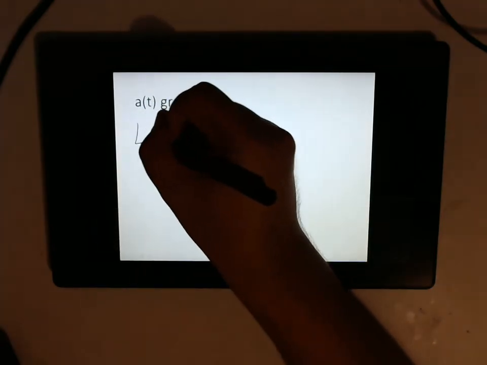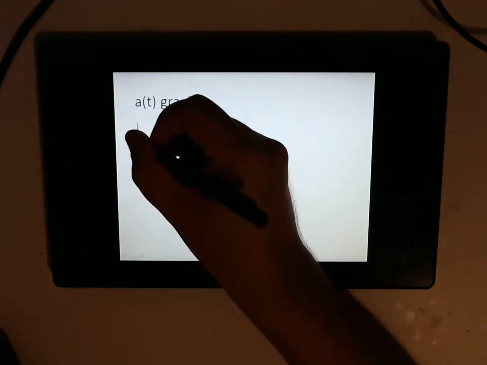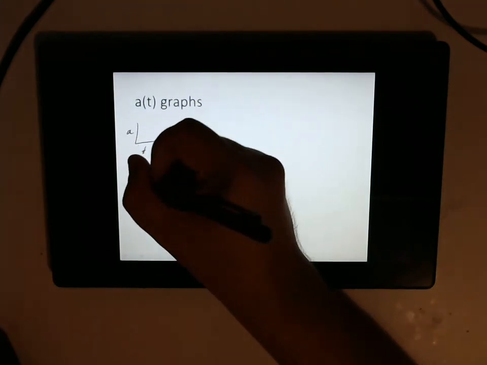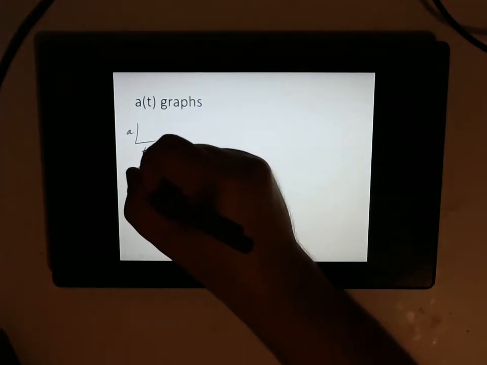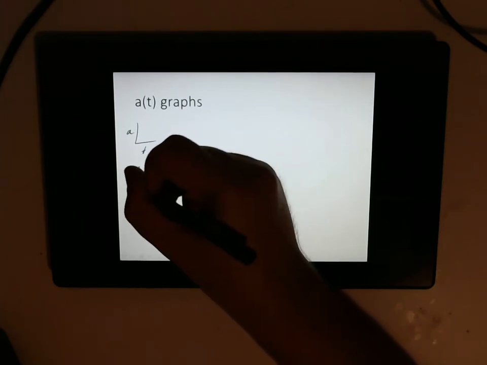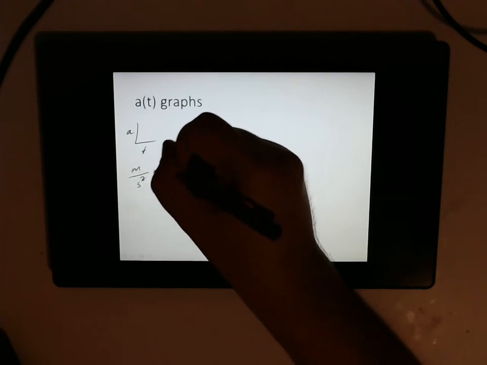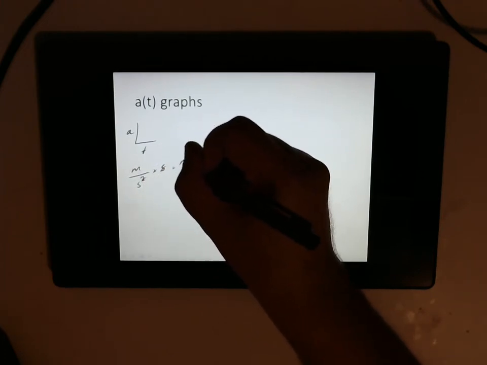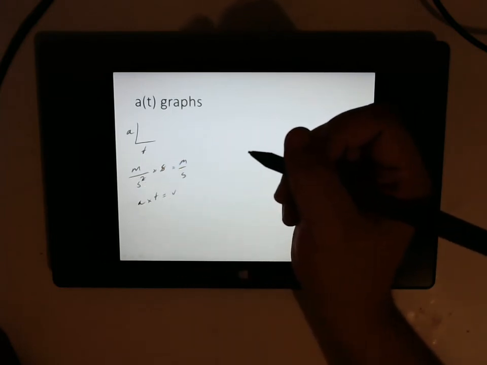If I have an AT graph, the unit for acceleration, which you haven't learnt yet, is meters per second squared, and time is seconds. If we multiply these two together, we cancel one of the seconds out, and we're left with meters per second. Well, that means acceleration times time must equal velocity.